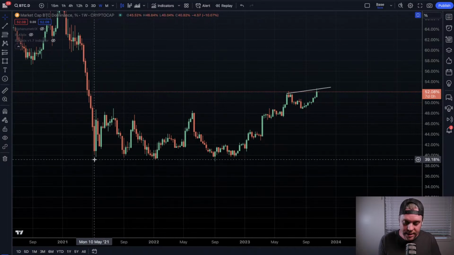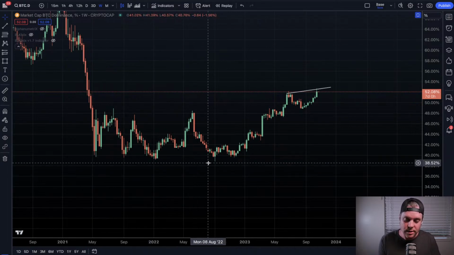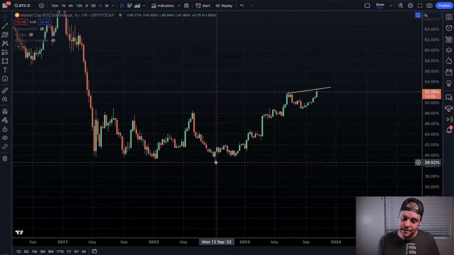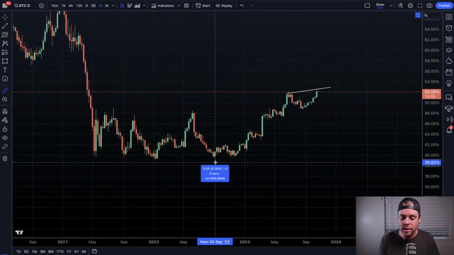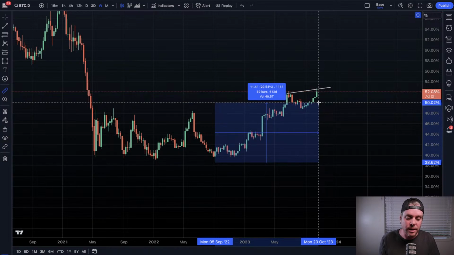We have not had good altcoin performance, basically it's been at its worst since September of 2022 onwards. So it's been a very long time. As it stands right now, we're looking at around 413 days of alts getting decimated, just absolutely wrecked.